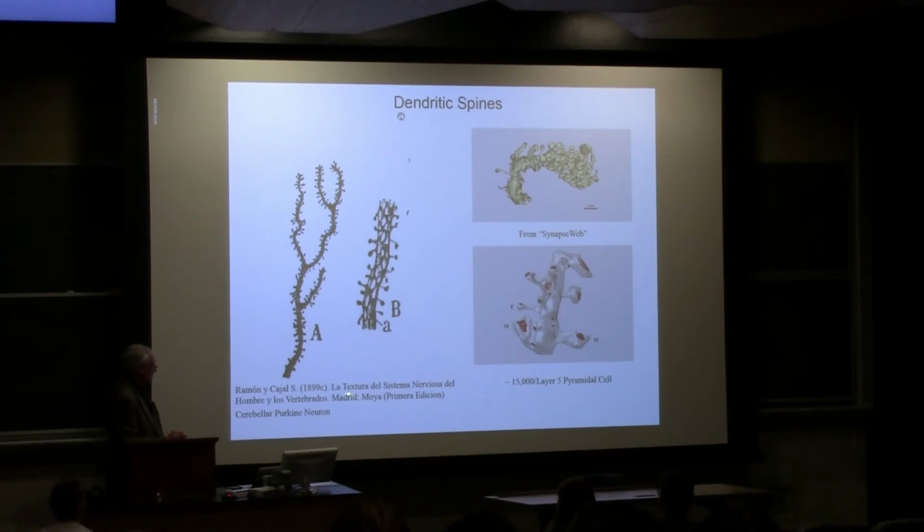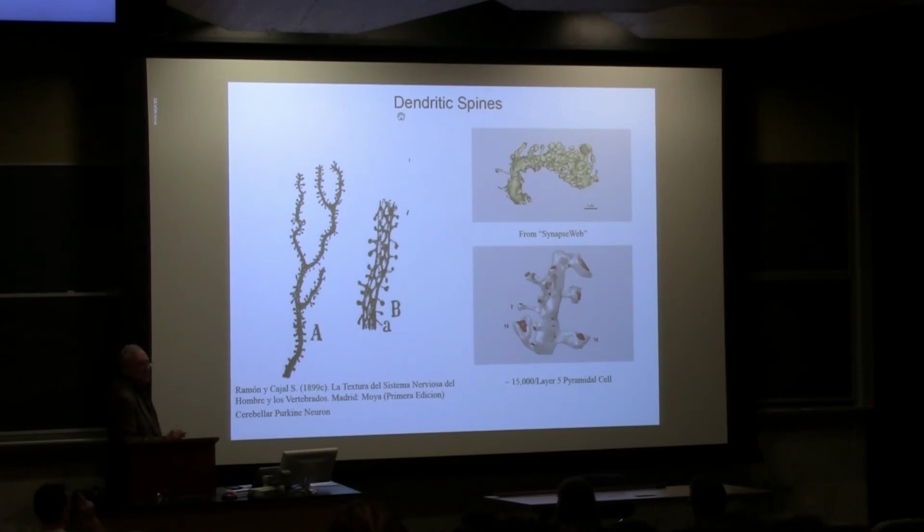There you go. La textura del sistema nervioso del hombre y los vertebrados. I'm sure I'm doing a terrible job at pronouncing that, but he wrote this very famous neuroanatomy textbook jam-packed with hand-drawn diagrams of structures that he saw in the nervous system under the light microscope. This was in 1899.